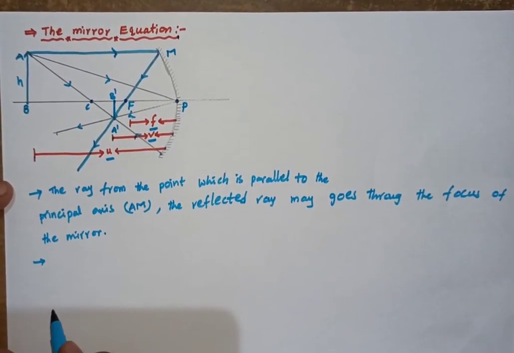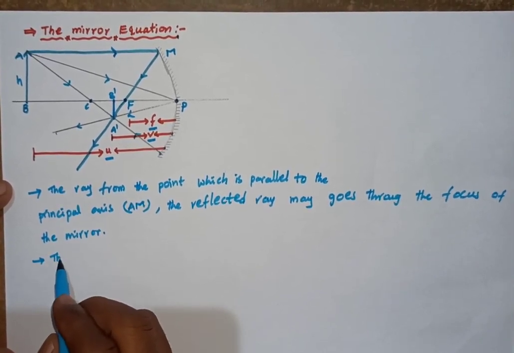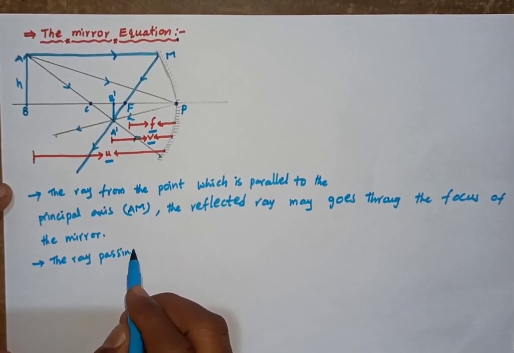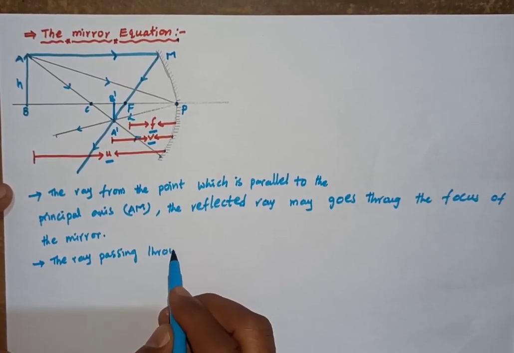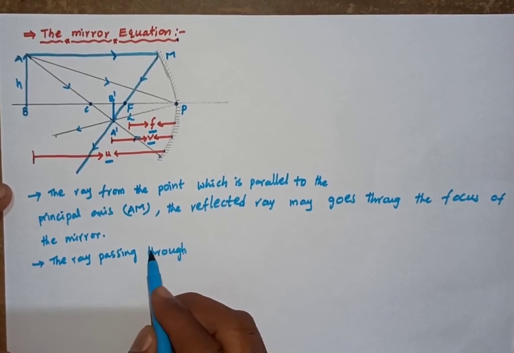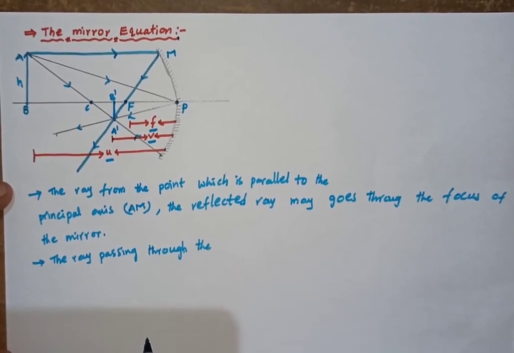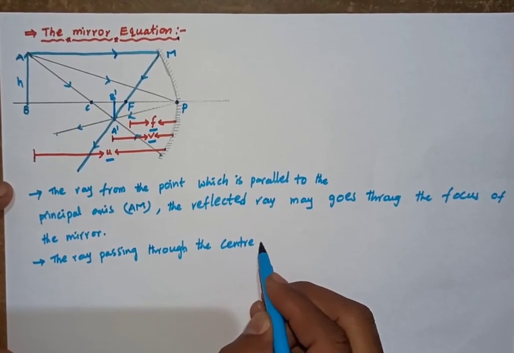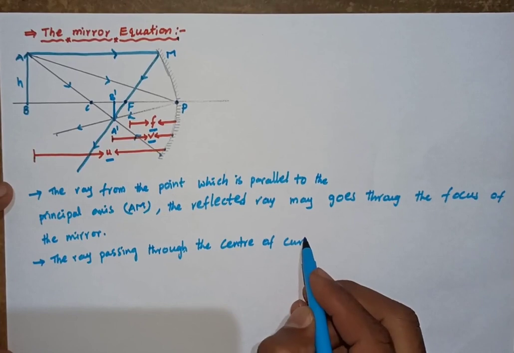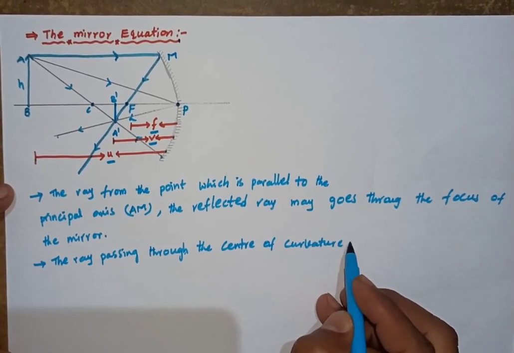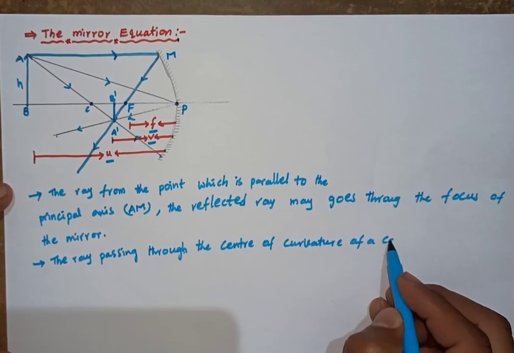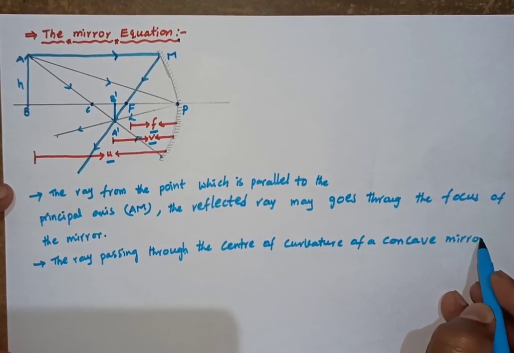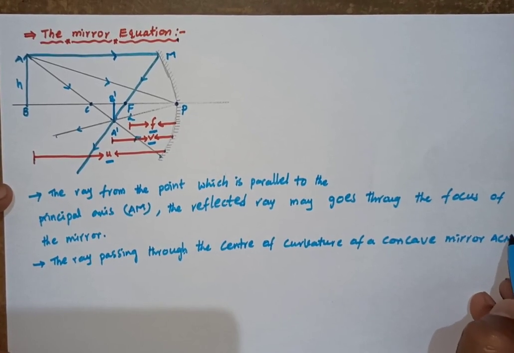The second ray is the ray passing through the center of curvature of the concave mirror, ACN.